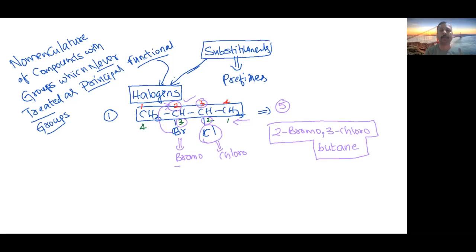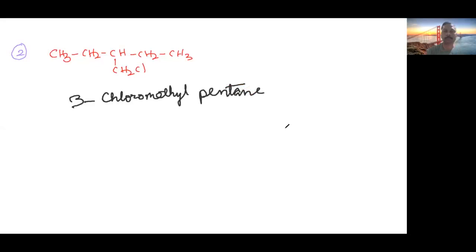So this is about naming with a functional group which will never be treated as a principal functional group. If you were able to treat this as a functional group, then the main chain would be like this, and the entire naming would change.